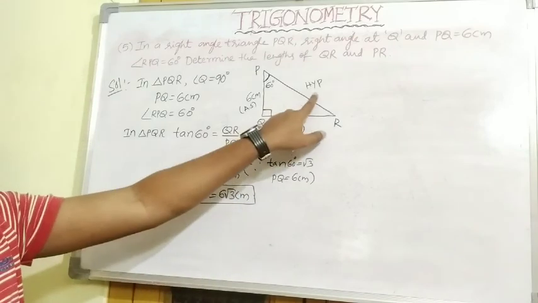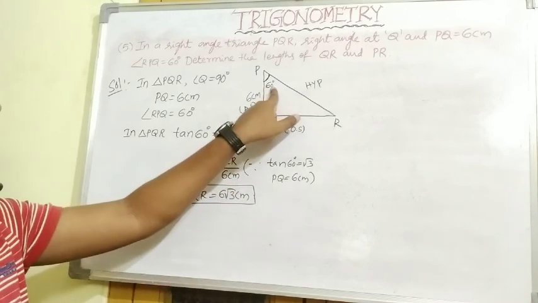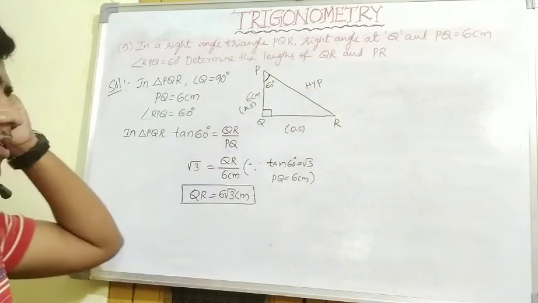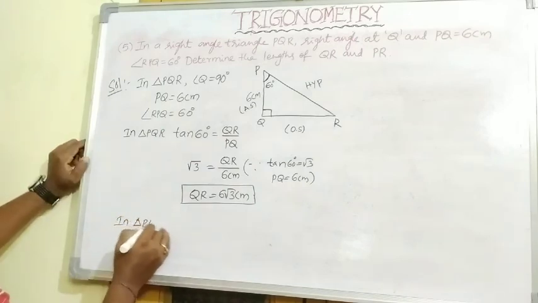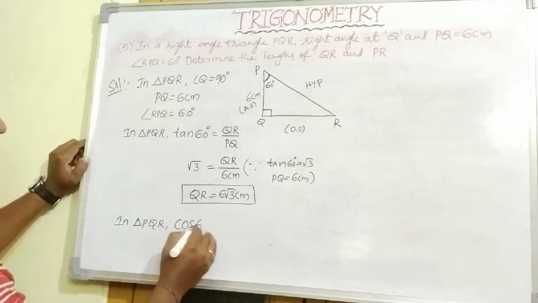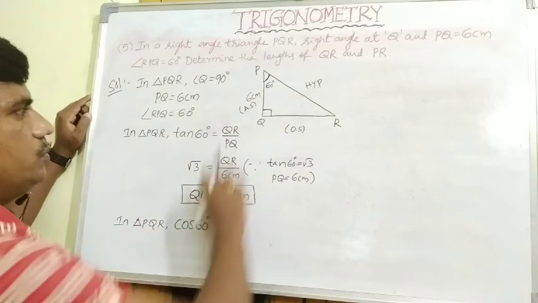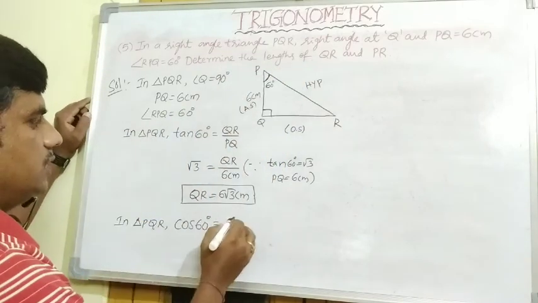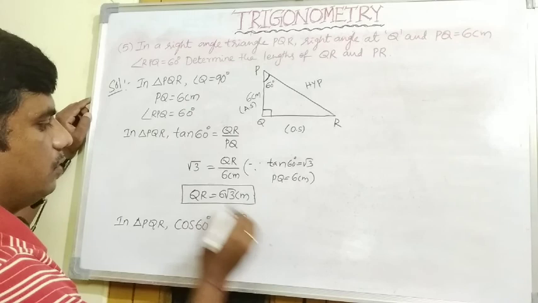Next, we have to find the PR length, that means the hypotenuse. We know the angle, so the ratio of adjacent to hypotenuse is either cos or sec. You can take either. So in triangle PQR, we take cos 60 degrees. Cos theta means the ratio between the adjacent side and the hypotenuse. Your adjacent side is PQ and the hypotenuse is PR.